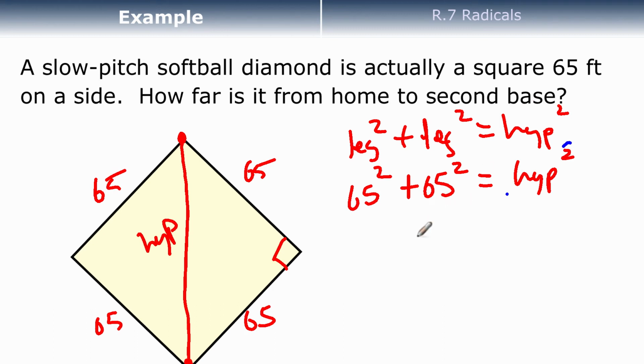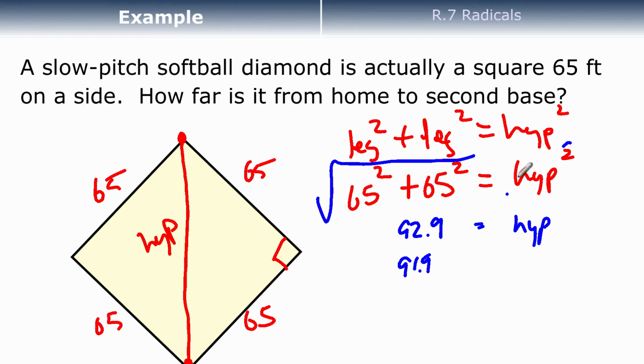I think the answer was 92.9, right? So hypotenuse is equal to 92.9. Might have been 91.9. Whatever the calculator said. Okay, and the idea there was to solve for the hypotenuse, you had to take the square root of all of this stuff, and that was equal to just plain the hypotenuse.